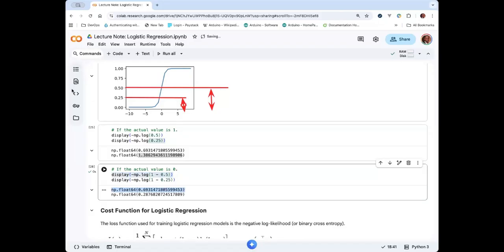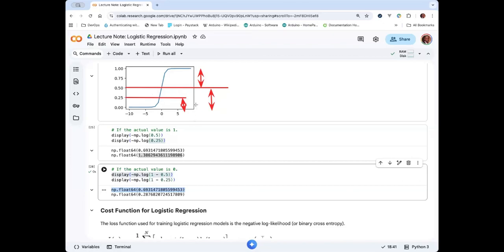So if the cost is a measure of the distance from what I want to predict minus what I'm actually predicting, then it is a good measure of it, which is really what the cost or the loss is. The loss is the difference or the distance between what I am predicting and the real value. So if the real value is 1 and I'm predicting 0.5, the cost should be equal to if I want to predict 0, but I'm actually predicting 0.5.